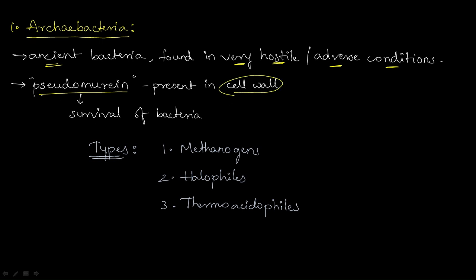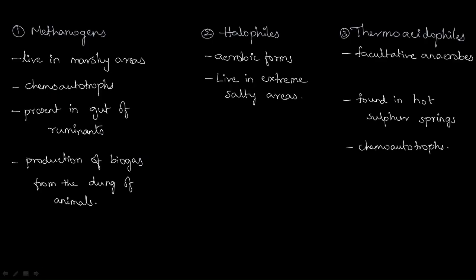It is said that the pseudomurein is responsible for the survival of these bacteria in extreme conditions. When we come to the types of archaebacteria, there are three types: methanogens, halophiles and thermoacidophiles.